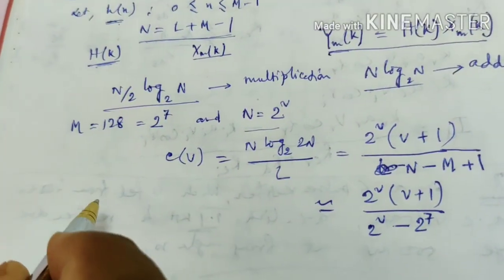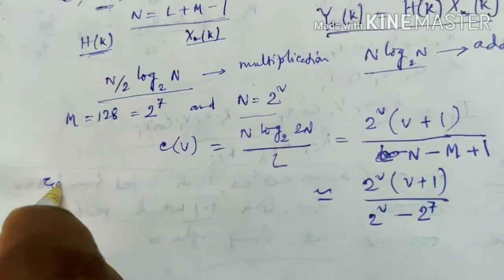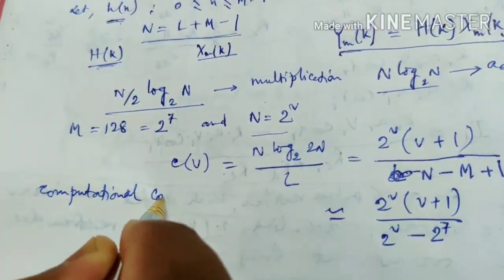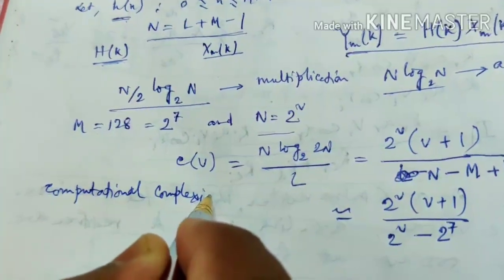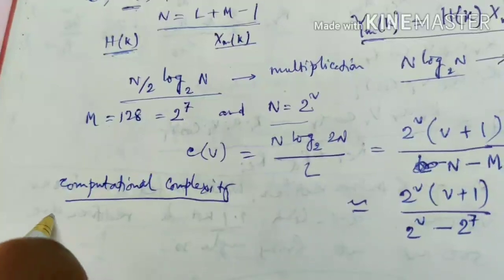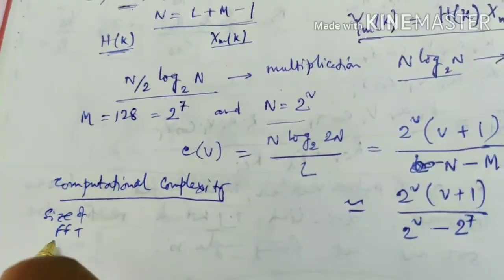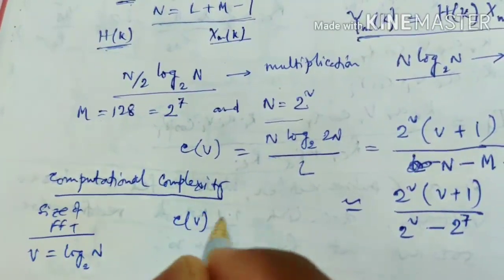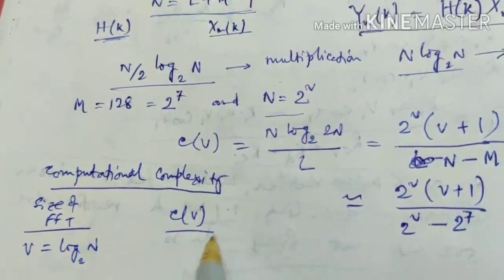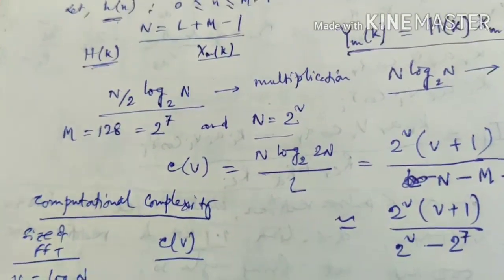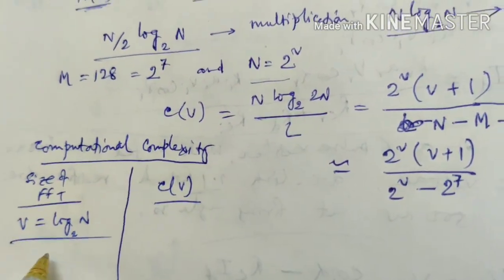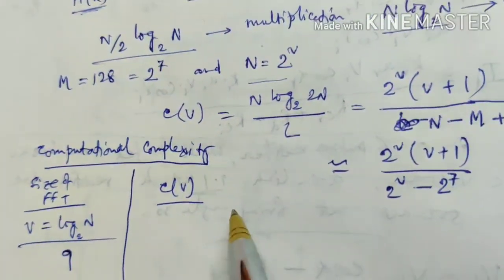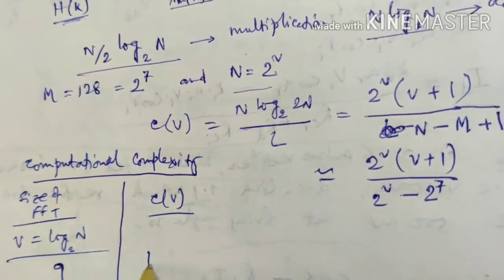If we consider the computational complexity, with the size of the FFT given by v equal to log base 2 of N, and C(v), the number of complex multiplications per output point: if we take v equal to 9, then the number of complex multiplications per output point will be 13.3.